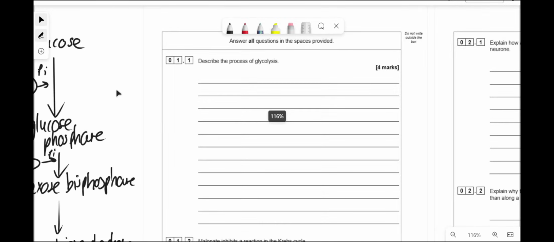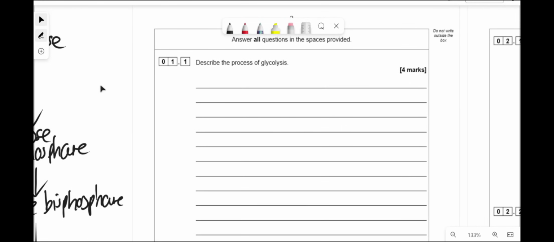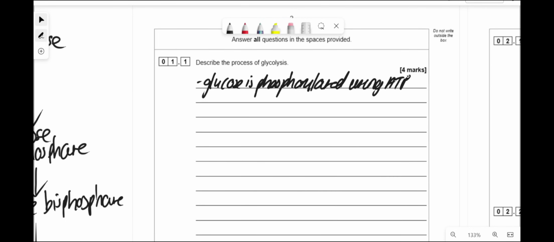So describe the process of glycolysis. In this answer you would say glucose is phosphorylated using ATP, and then you need to talk about what happens next.